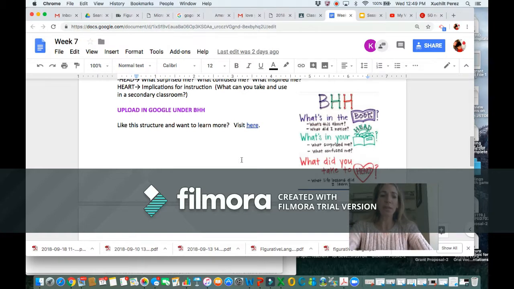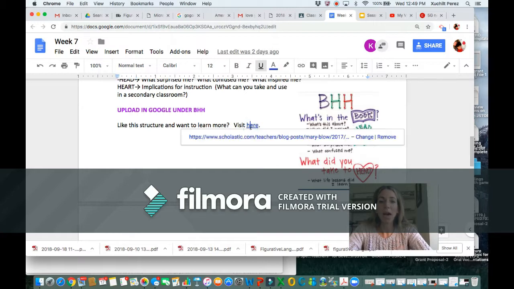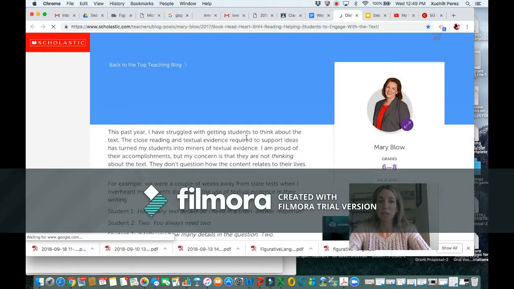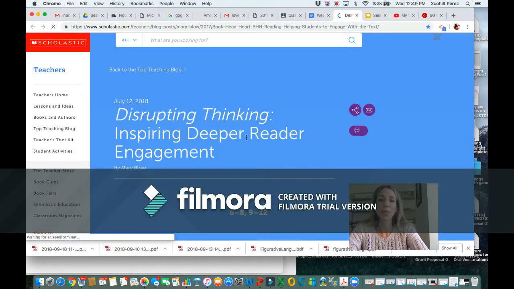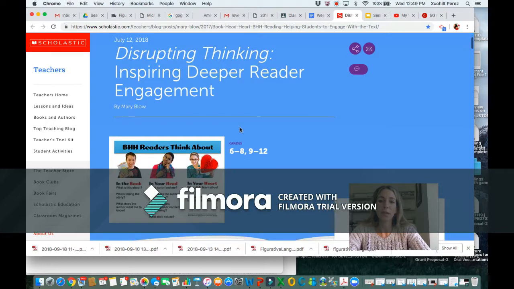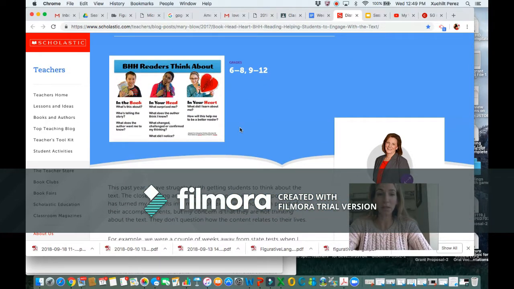So this is an extremely simplified version of this. In terms of what I'm expecting for the response, it's literally just this, but I highly encourage all of you to visit this Disrupting Thinking blog by Scholastic, and purchasing the book. It's just marvelous. And again, it's just another strategy for us to engage our struggling readers and create access points for them.